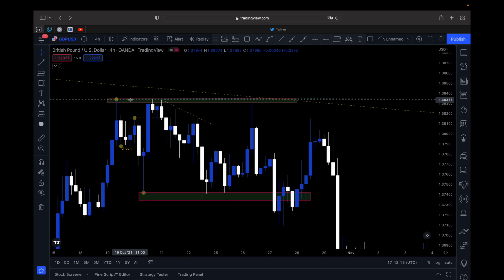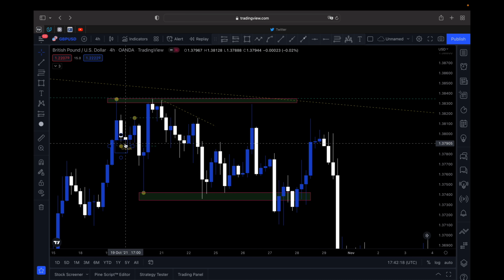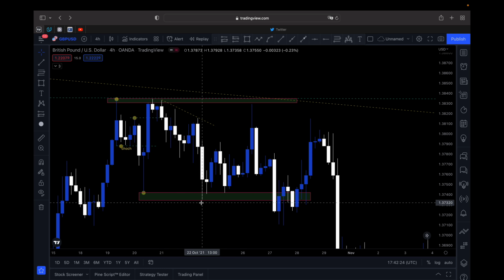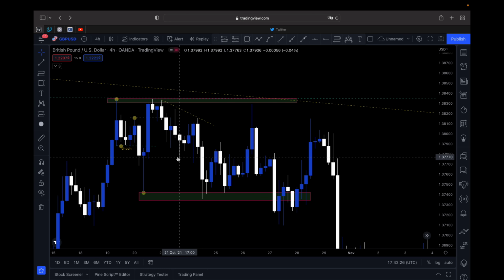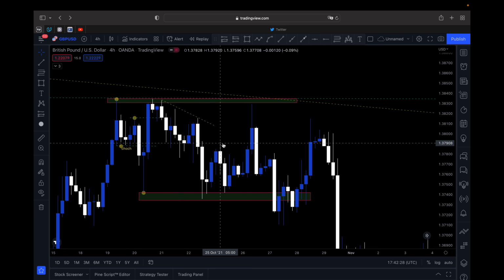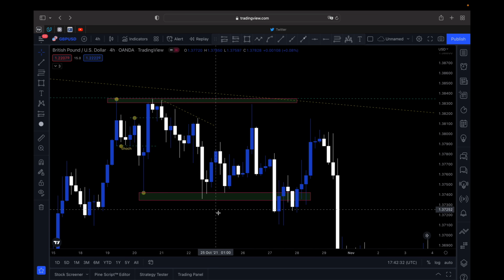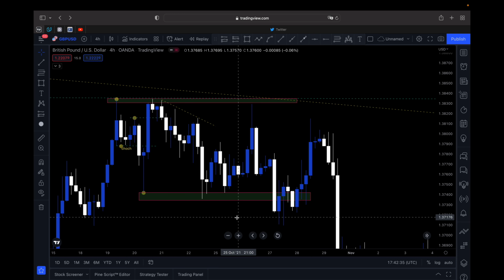After price created this resistance level here, I just have to monitor price action. That is all I need to do. Now I can't take my sell here. After price broke this level and tested here, when price came down, it was not able to take out this level to continue the sell, to confirm the sell.